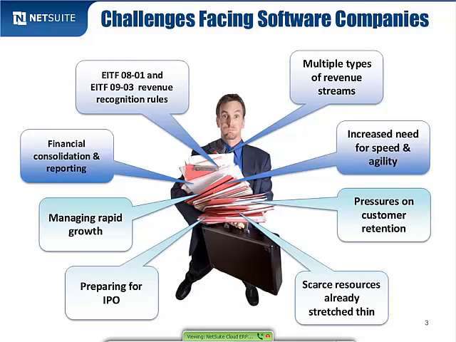Financial reporting and compliance becomes more and more complex. The software industry has some of the most difficult revenue recognition requirements. Oftentimes, companies resort to using spreadsheets, actually a lot of spreadsheets, to manage revenue recognition complexity. This is an extremely inefficient and time-consuming process.